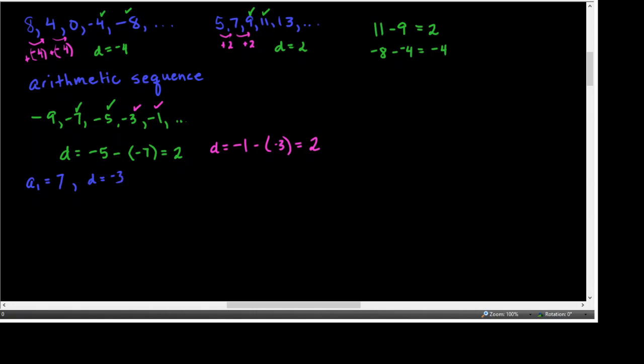Okay, so if we start with 7 as the first term, add -3 to that, you should get 4. Add -3 to that answer, you should get 1, plus -3, -2, plus -3, -5.